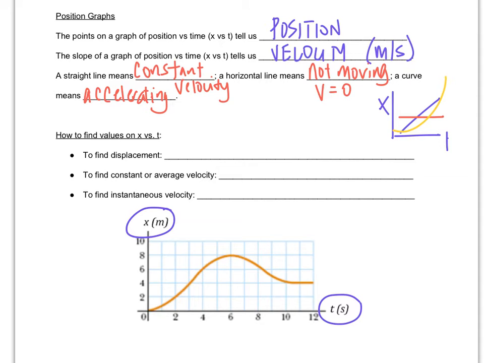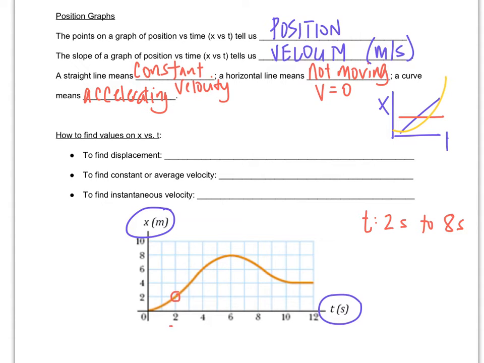Now, how do you find displacement on this sort of graph? Well, what you need to do is to look at the final position of something and the initial position, or the earlier position. So let's say I was looking at the time interval from t equals 2 seconds to t equals 8 seconds. I would look for those 2 points on my graph.